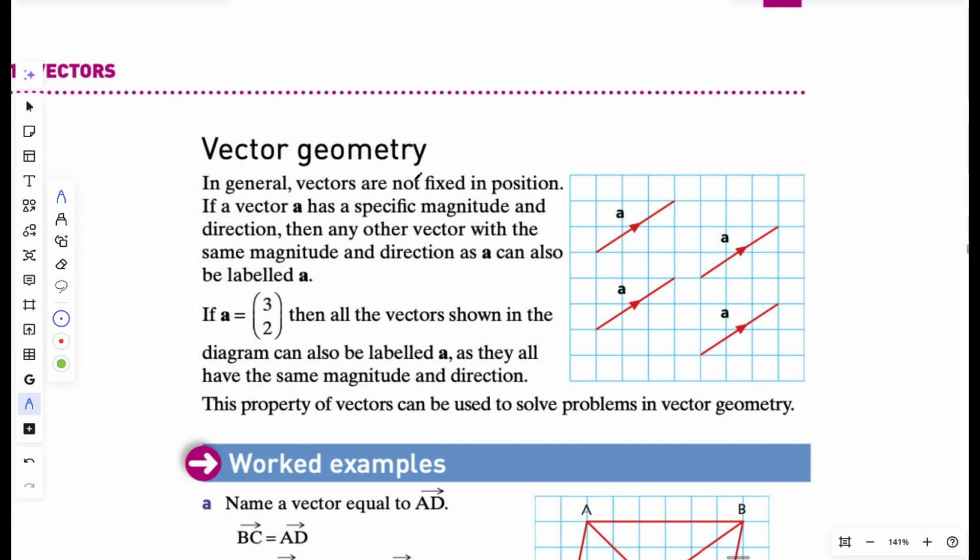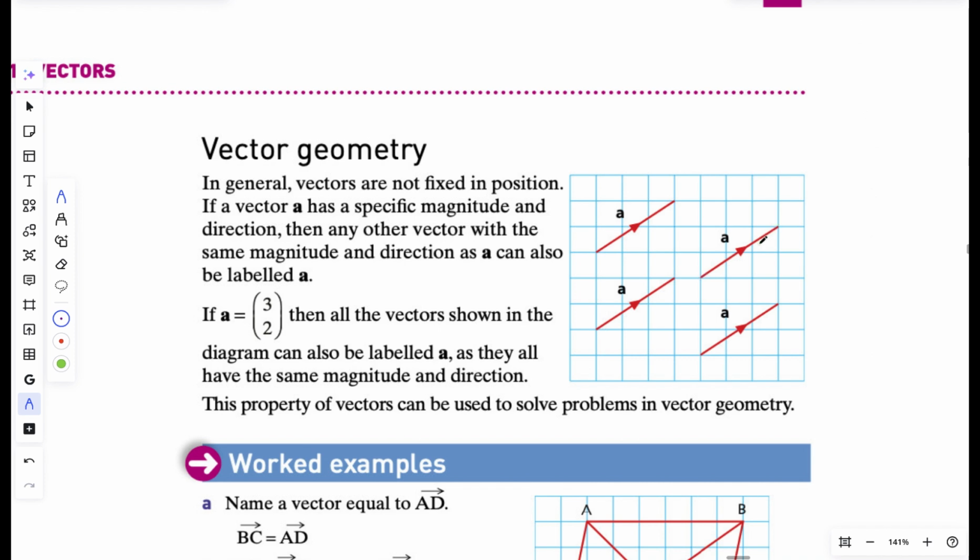Now vector geometry, if I have vector A is 3, 2, look at vector A. Any vector that is 3, 2 and going the same direction will also be vector A, even if it's drawn in another place in the same geometry. Let's say this is vector A, 3 here, 2 here, going from bottom left to the up right.